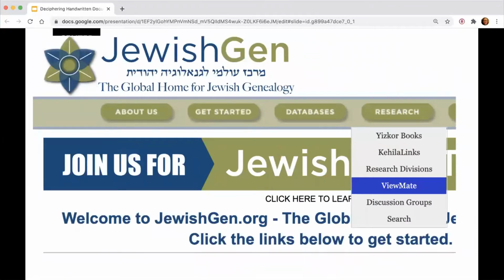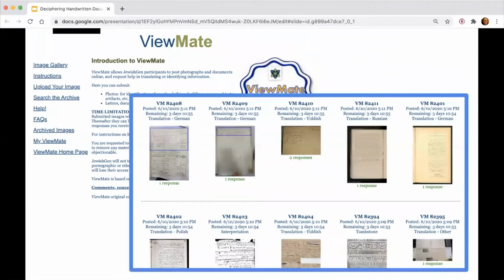JewishGen, under the Research tab, even if you use JewishGen, you might not be aware of the ViewMate forum, which is found there in the drop-down under Research. ViewMate is set up with automatic expiration.